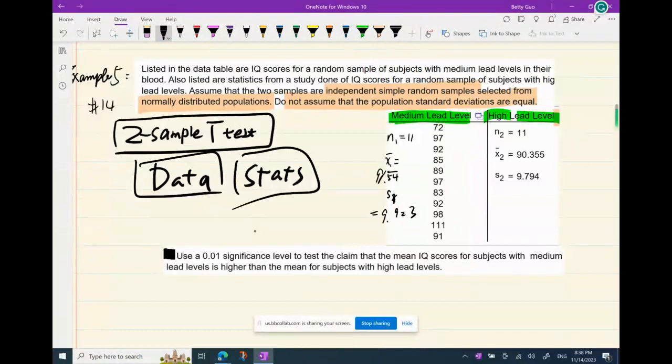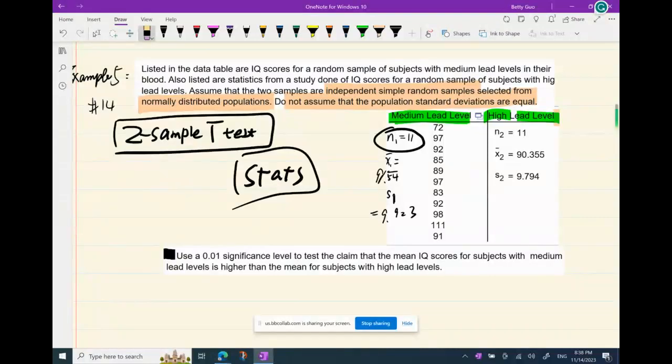Let's count it. 1, 2, 3, 4, 5, 6, 7, 8, 9, 10, 11. So the sample size for the first sample is 11. And if we add all the 11 numbers up and divide by 11, we would have the sample mean. And we can use the calculator to find the sample standard deviation. But we cannot go from stats back to the raw data. That's the reason we use stats.